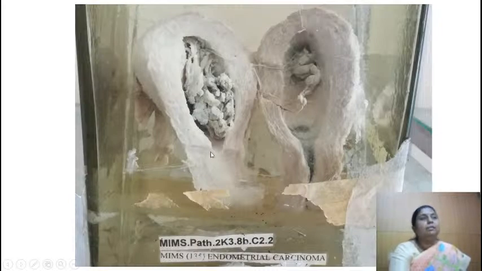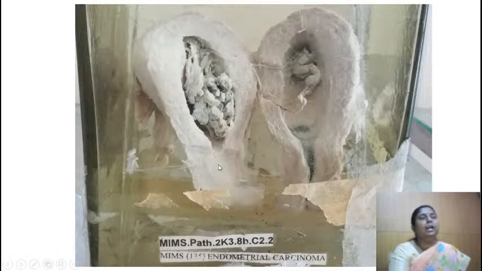So this is the specimen of uterus and cervix, showing a dilated endometrial cavity which is having a polypoidal exophytic growth filling the cavity, and it is friable. So this is endometrial carcinoma. The uterus seems to be normal and not atrophic.